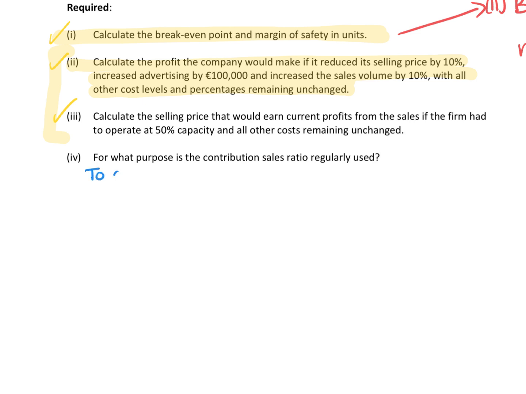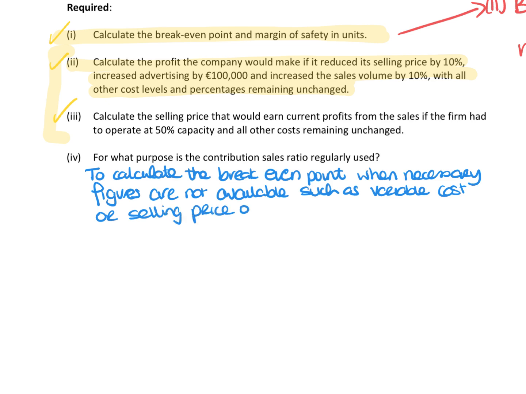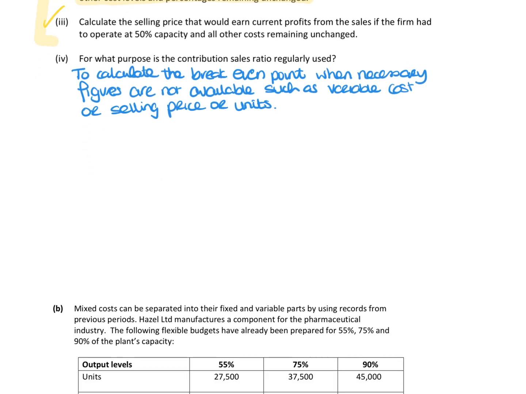So it is used to calculate the break even point when necessary figures are not available, such as variable cost or selling price or units. Okay, so that's what the contribution sales ratio is used for.